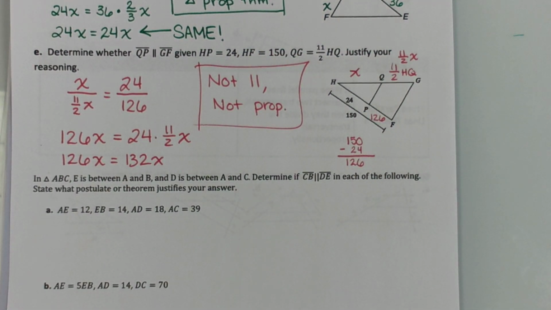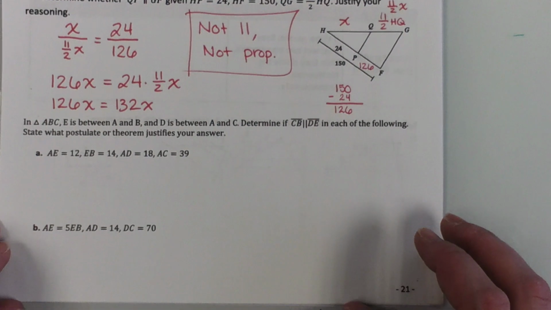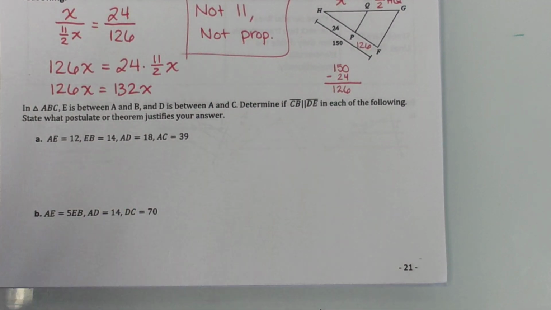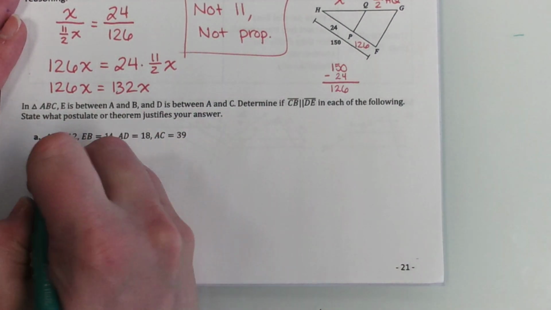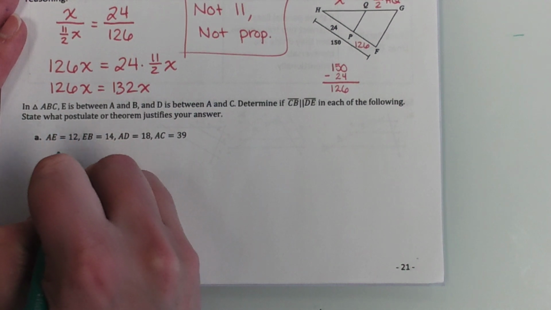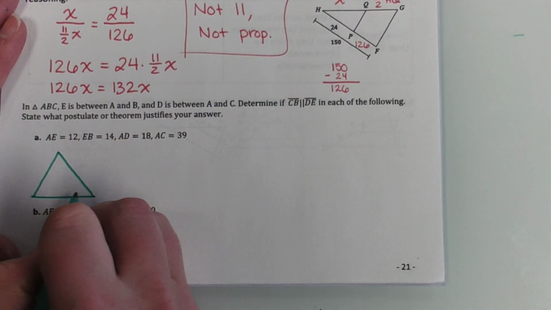Okay, we're going to do just one of the two problems on the bottom, and then we're going to move on. These two problems are following the same idea. The only difference is I didn't give you the picture. I tell you there's a triangle ABC, so I recommend you draw out ABC.